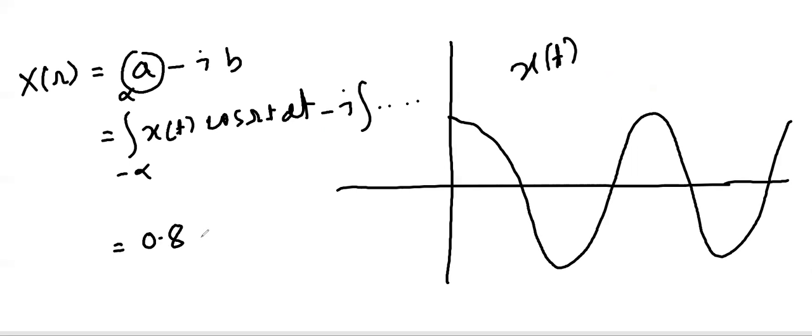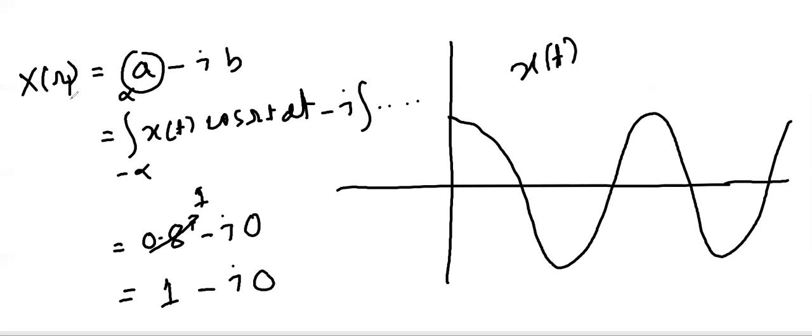And what about the B part? You are getting jB, the B part is very close to 0 or approximately 0. You can say that it is 0. So that means you have only the real portion. For more simplicity, let's say this is equal to 1. So you have 1 and minus j0. For which frequency?